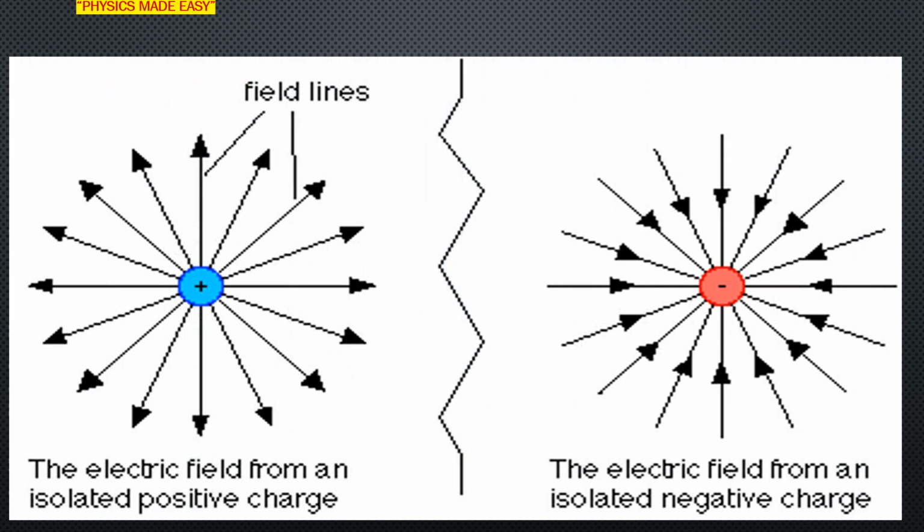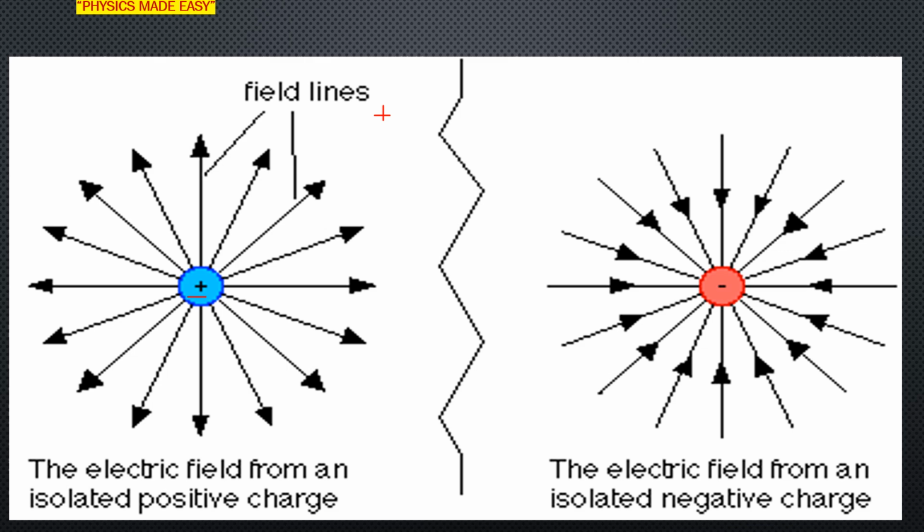So now here are two images. These images help us to understand the concept of electric field lines in a very proper way. For the first image, there is a positive charge, and this charge is taken as a source charge. And suppose here is another positive charge, but this charge is a test charge.